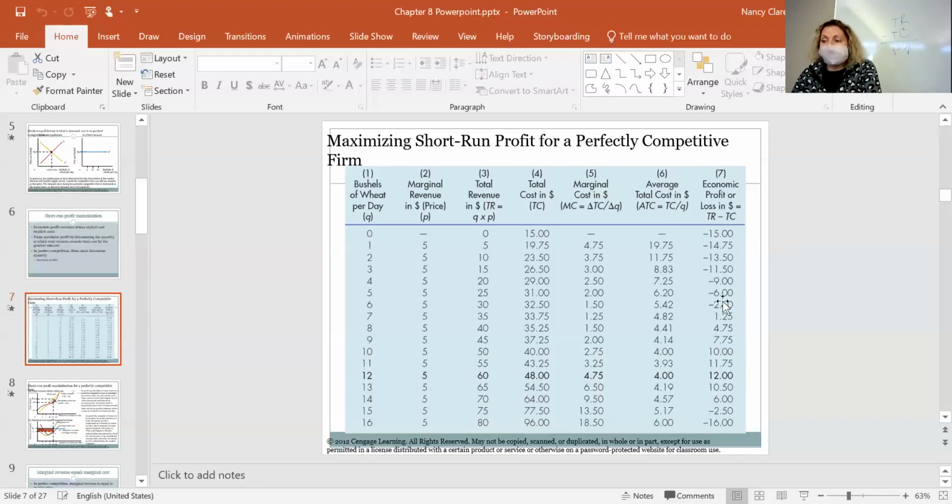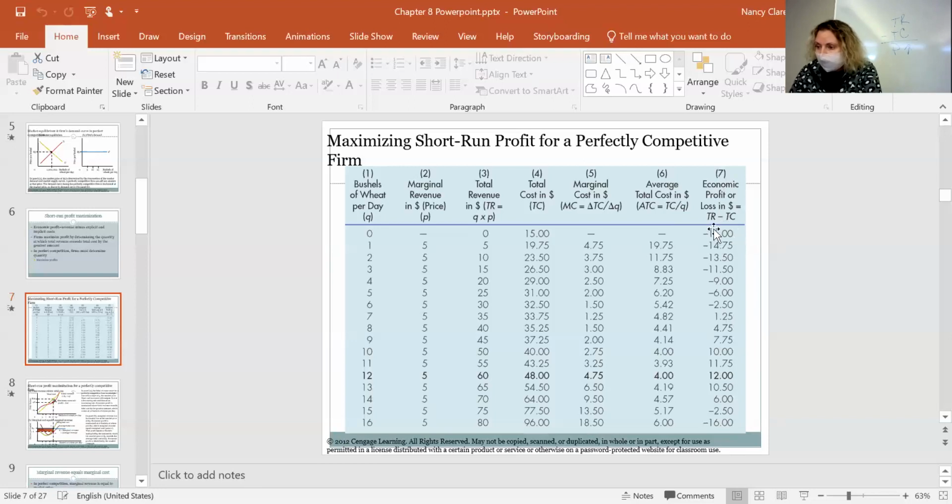And then your economic profit or loss, this is a new column, but we know how to calculate this, right? We take the total revenue, which is in column 3, we subtract the total cost, which is in column 4, and we get our profit or loss, as the case may be, okay?